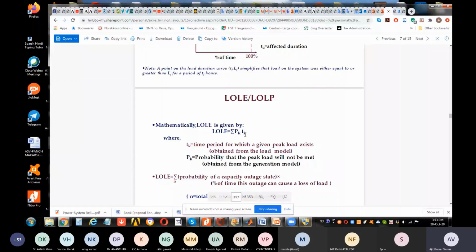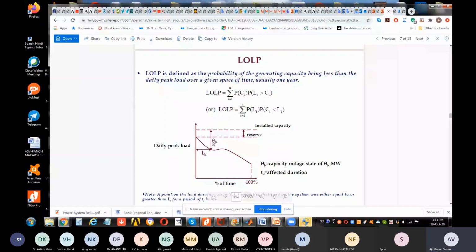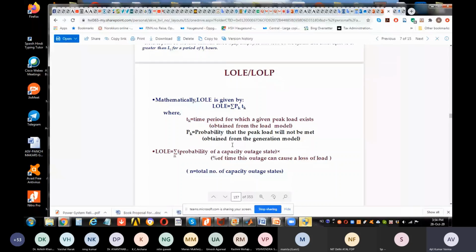And therefore, when you sum up all of them, why are we saying K? Because the capacity states can vary, depending upon failures. Although installed capacity may be something, there can be an issue with failures, and therefore your current capacities can be less. So you take the probability that the peak load will not be met, obtained from the generation model, and the time period for which a given peak load exists, obtained from the load model.